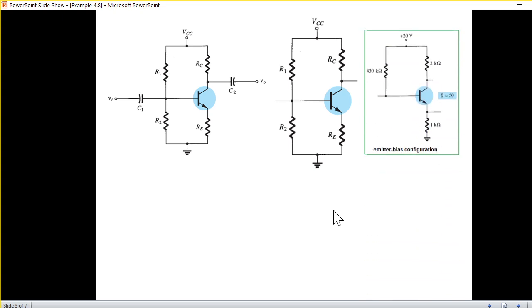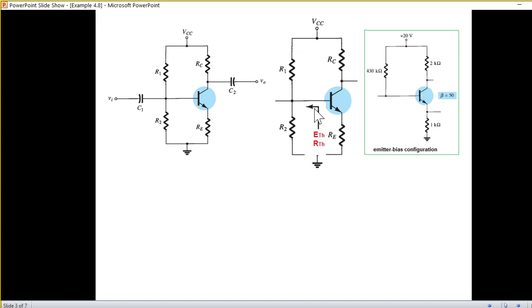And then if we compare it with the emitter bias circuit, we need some voltage here. And as I mentioned, we'll get that by means of the voltage division rule. Or actually, we'll be applying Thevenin's theorem to get the voltage at this point and also the resistance at this point.